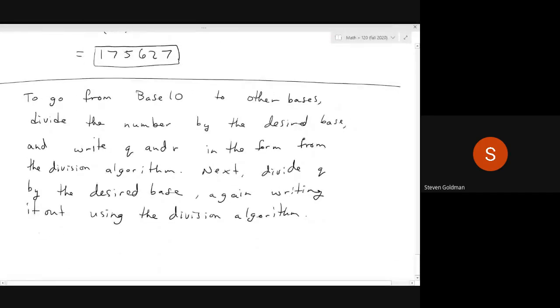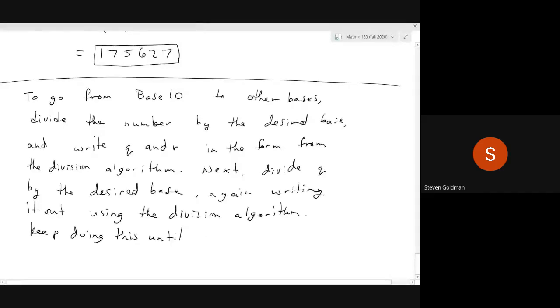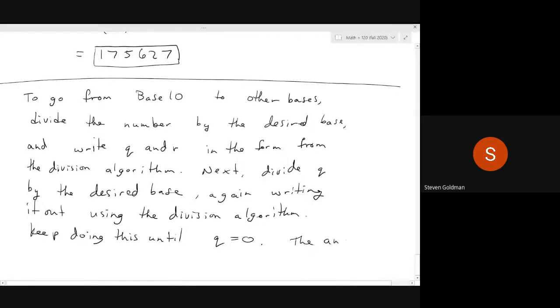Keep doing this until Q is 0. The answer will be the remainders written in reverse order. And I'll explain what that means in a moment.